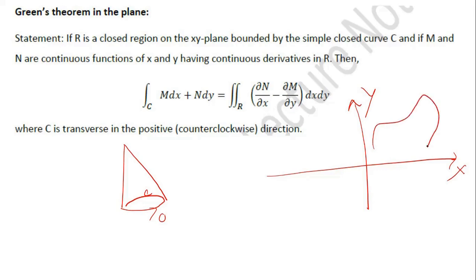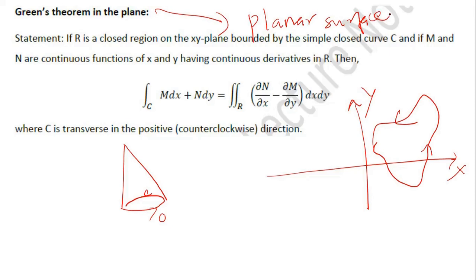If you have a surface on the xy plane bounded by a simple closed curve, Green's theorem deals with planar or plane surfaces. A simple closed curve means no intersection, which is traversed in the positive counterclockwise direction.